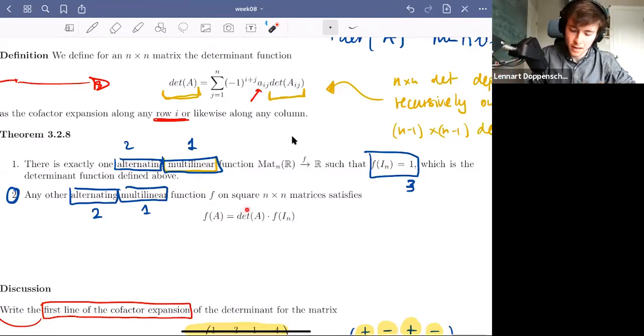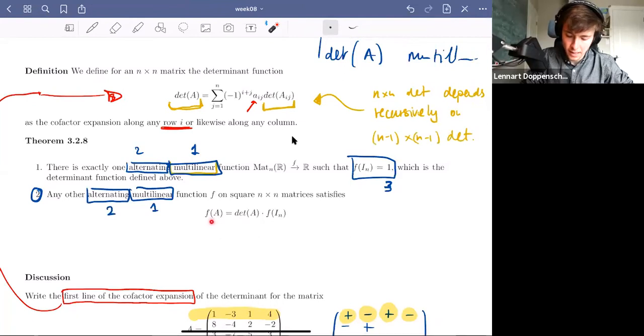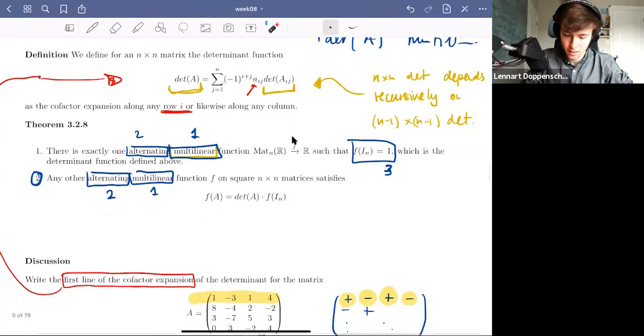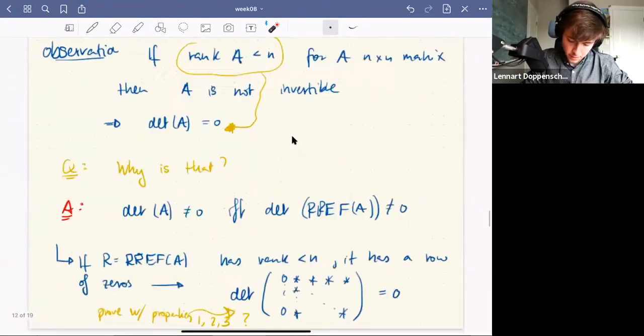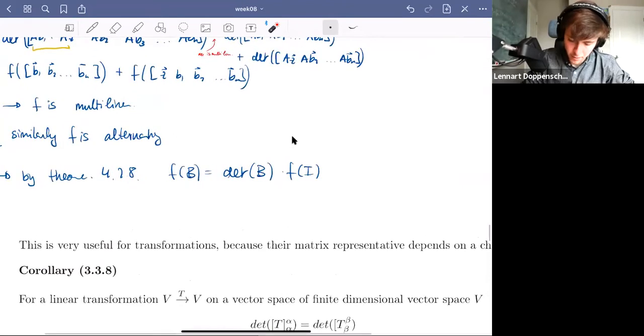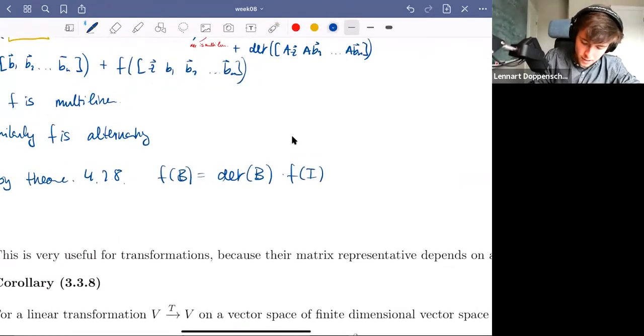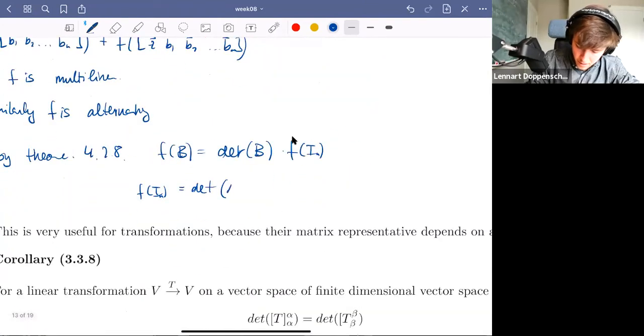So I'm writing this identity in terms of the defined function F of B. This is equal to the determinant of the matrix times F evaluated at I. But then the question is, what is F of I? Well, this was by definition just the determinant of A times I. I is just a special case for B, and this is the determinant of A.